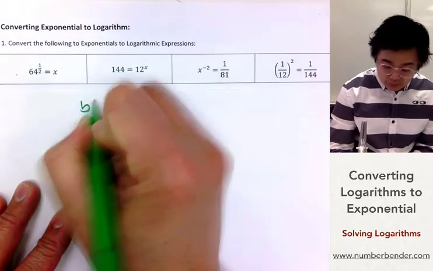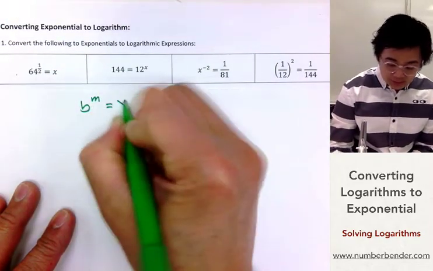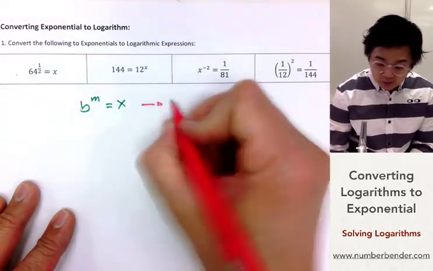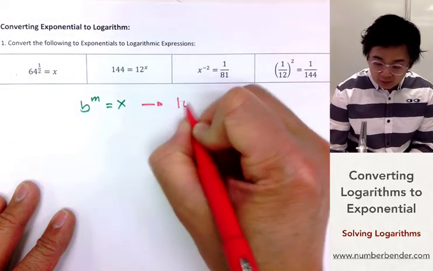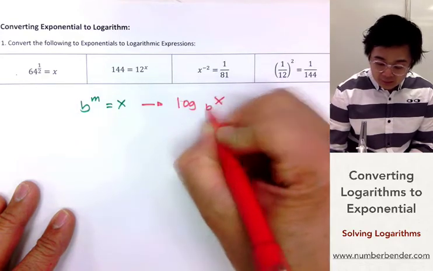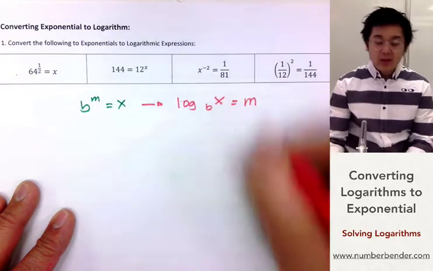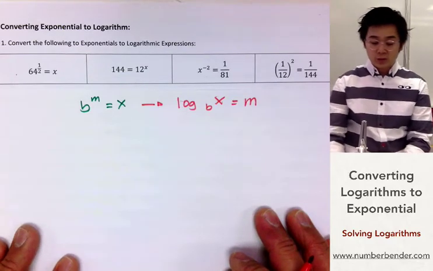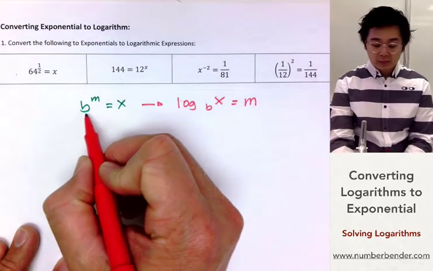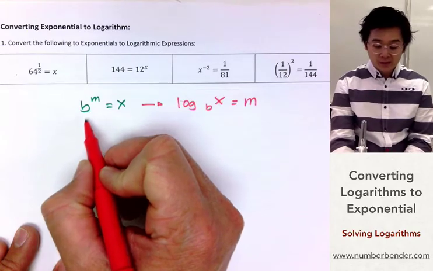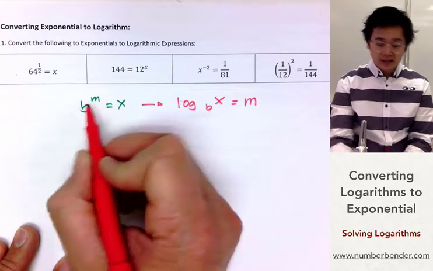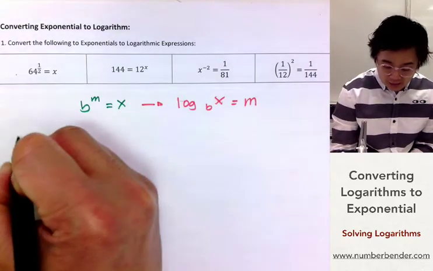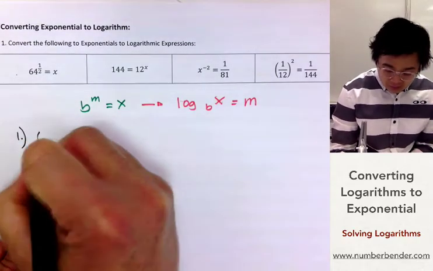If we have b raised to m equal to x and we need to change it into a logarithmic function, it's going to look like logarithm of x base b equal to m. I remember this formula by looking at b becoming the base and then switching x and m.